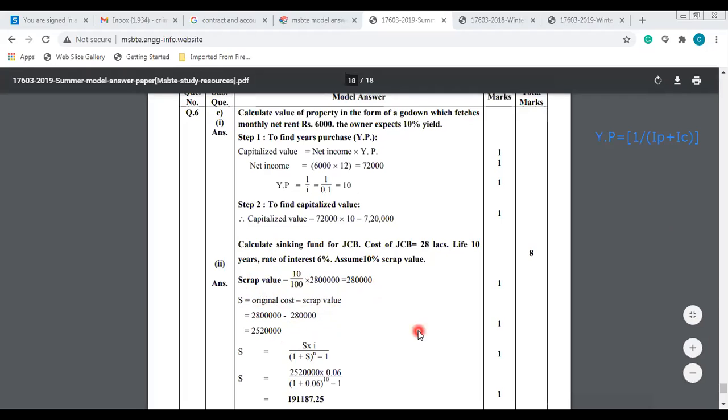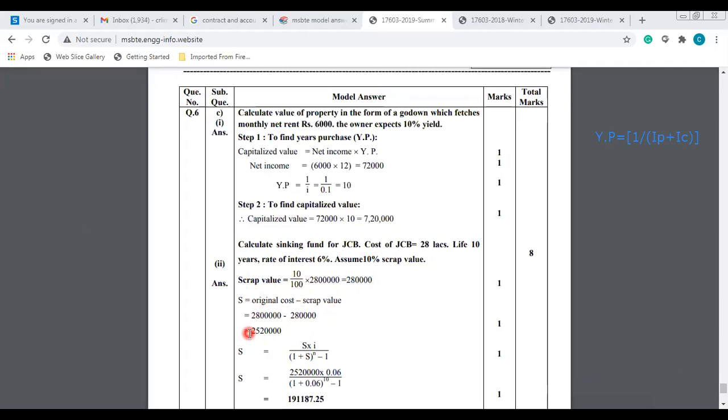Then next we have to determine the sinking fund. What is the formula to determine the sinking fund? Sinking fund equals SI divided by (1 plus I) bracket raised to n minus 1. S is given as 2 lakh 52 thousand, I is 6%, that is 0.06, divided by 1 plus I, again 0.06.